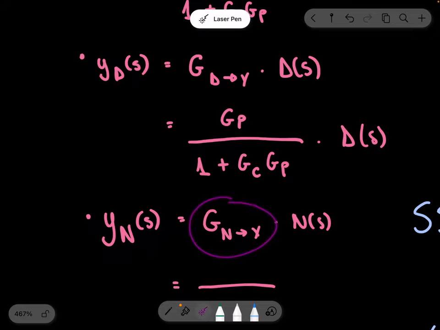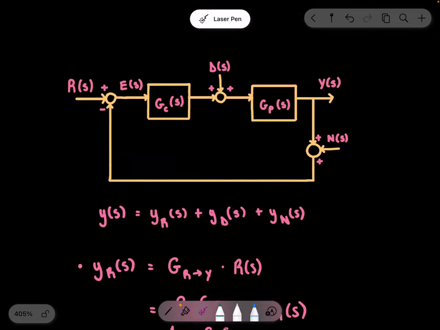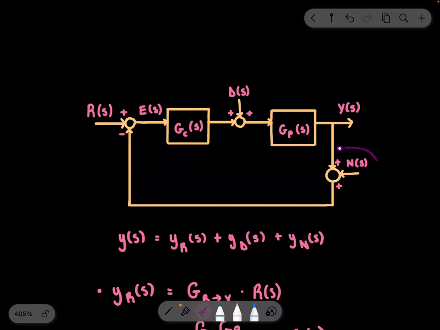So why is it a little bit different? It has to do with the transfer function for the noise signal, and you can see this one's placed in the loop. So on the numerator, we write the forward path. So what's happening in the forward path? From the noise signal to get to the output, this is your forward path.